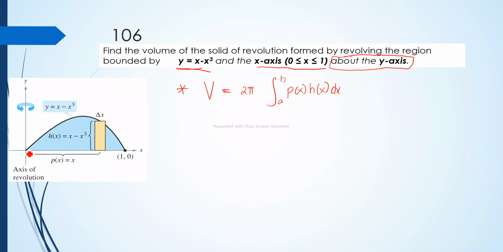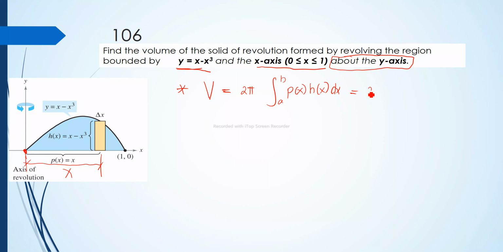From the axis of revolution, the average radius of the differential element is just equal to x. Why x? Is it given? The radius there is just x because it moves from 0 to 1. It means that it changes as x increases or decreases.